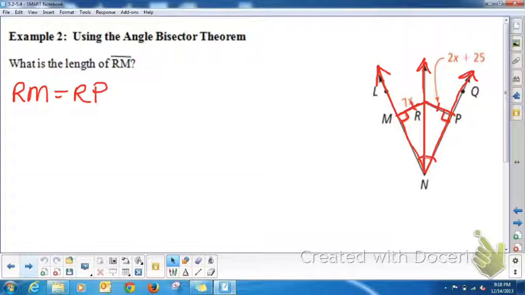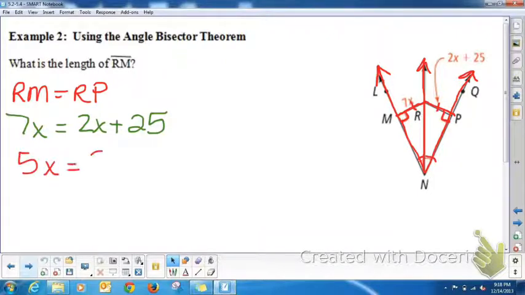If RM is 7x and RP is 2x plus 25, then we can solve for the value of x. So we would know that 5x is equal to 25, and therefore, using the division property of equality, x is equal to 5.